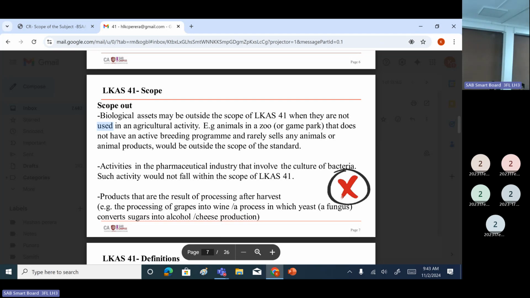That yogurt you can't consider as agricultural produce. That's production. That's finished goods. That's under IAS 2. Are you okay? Converting sugars into alcohol, cheese production, right?